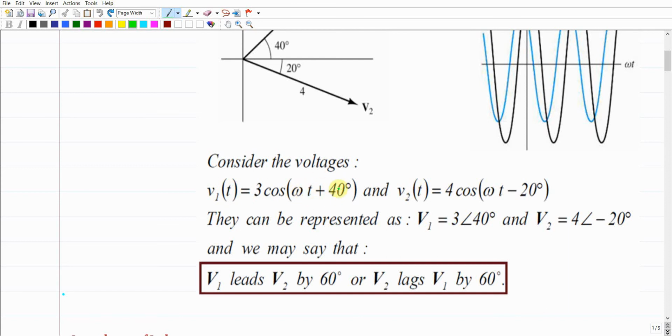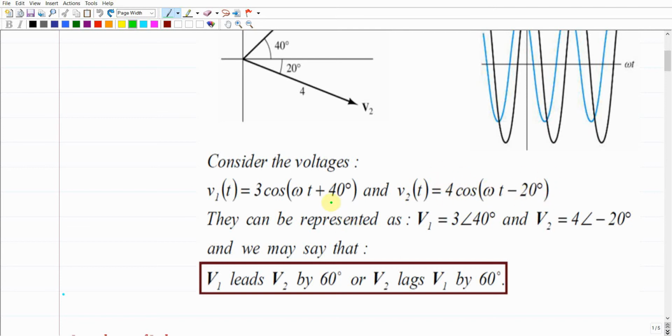This is the phase angle, and we have another voltage of the same frequency. We said the key idea is that these two voltages, or all the voltages that we can sum together, should have the same common frequency, which is omega. So this omega is still the same, but this has a different peak or amplitude and a different phase.